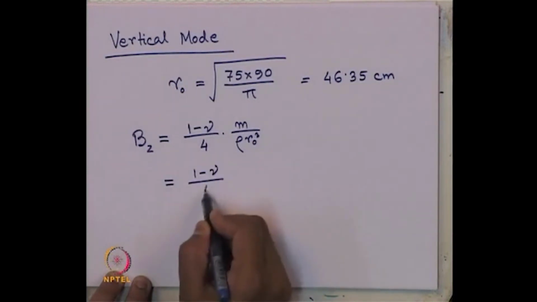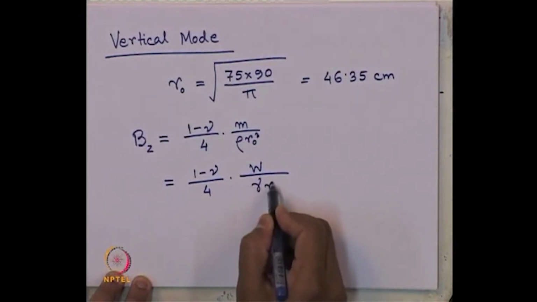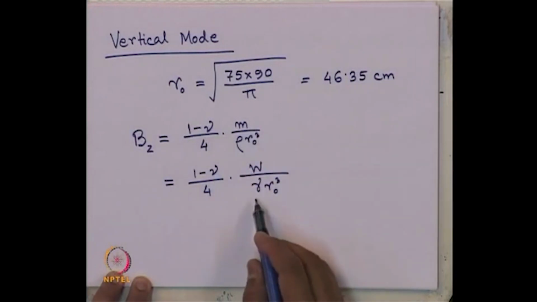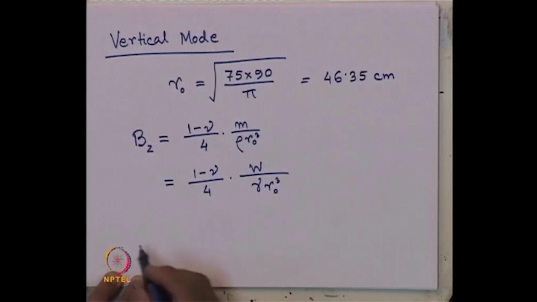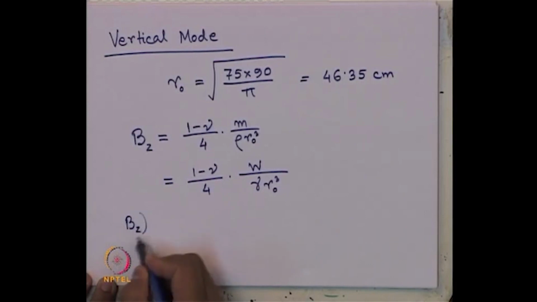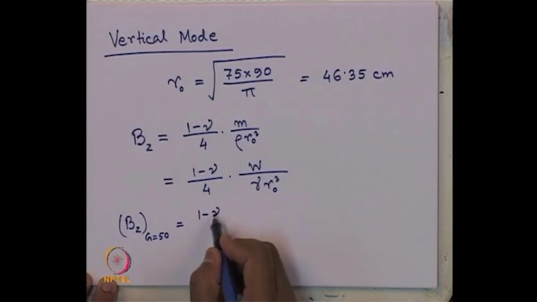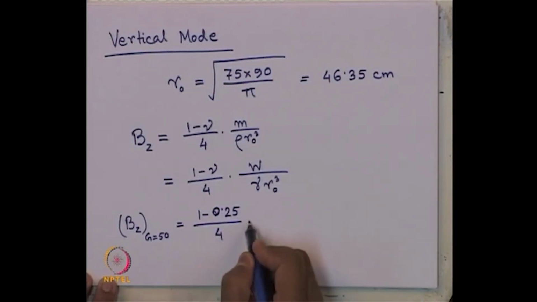Which we can rewrite as, mass to weight we are multiplying by G, here also density to unit weight we are multiplying by G. So, for 3 different types of soil we can get 3 different values of BZ. For G equals to 50, what we are getting: 1 minus this mu value is given to us 0.25 by 4.